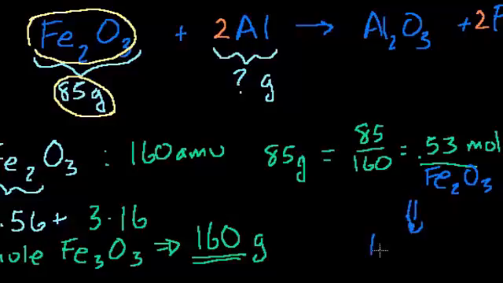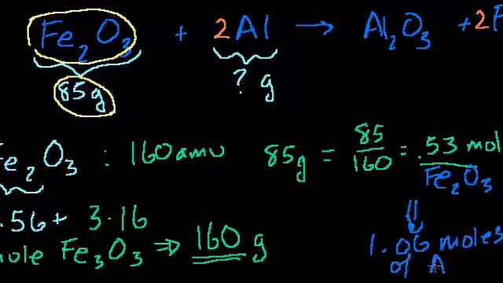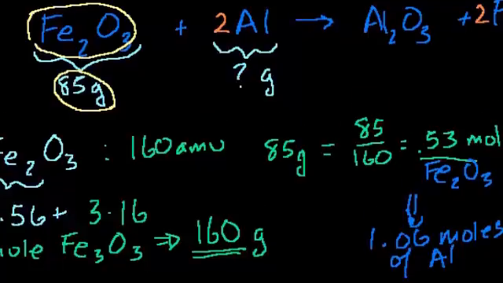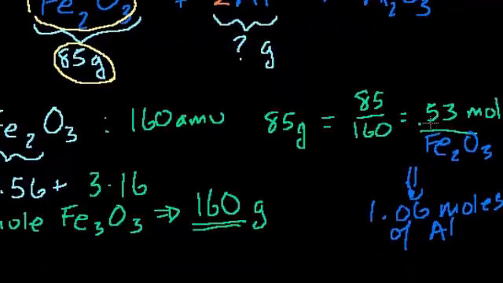So we're going to need 1.06 moles of aluminum. I just took 0.53 times 2, because the ratio is 1 to 2. For every molecule of this, we need 2 molecules of that. So for every mole of this, we need 2 moles of this. If we have 0.53 moles, you multiply that by 2, and you have 1.06 moles of aluminum.